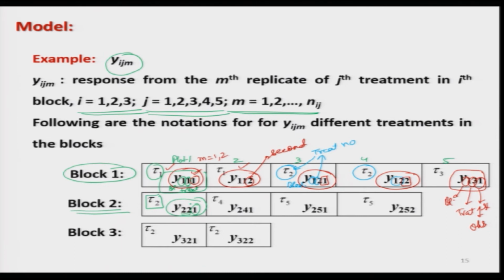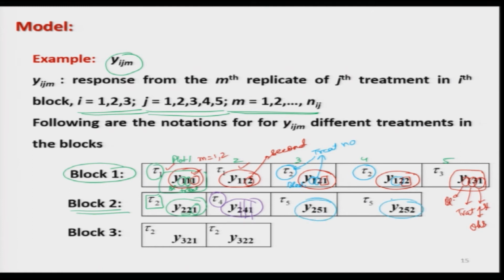And similarly, if you come to the second plot, Y241. Now you understand this is the observation in block number 2 when treatment number 4 is given, and this is the first observation on this combination. And similarly, here Y251 and Y252.